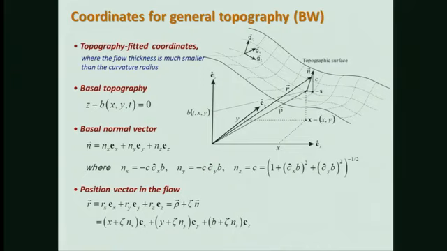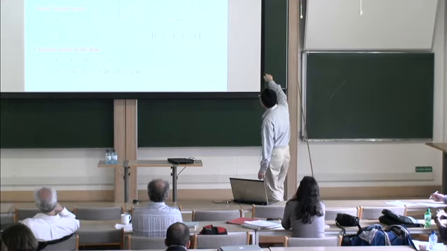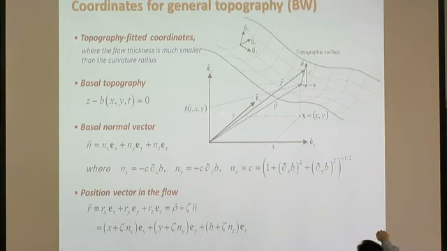We assume that the topographic surface is given in this way, z equals b, where b is the elevation from the reference horizontal plane, x and y lie on the horizontal plane, and z points upward against gravity. Once we have the function of the basal surface, we can determine its normal vector, and we normalize it with this one.